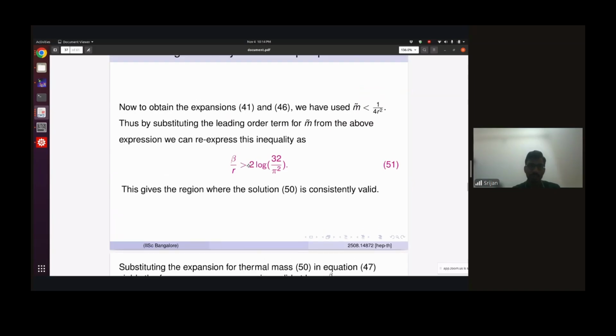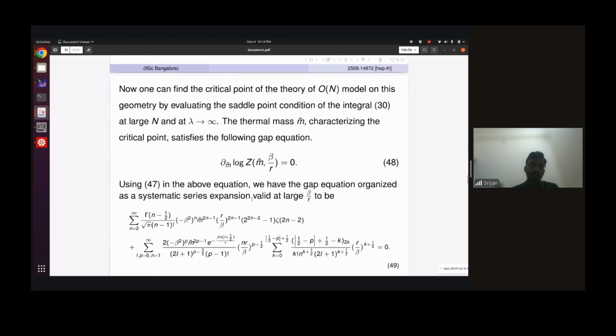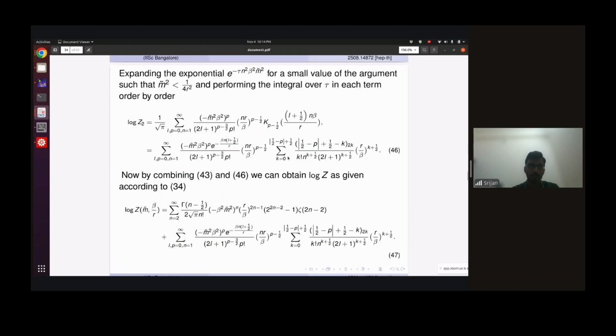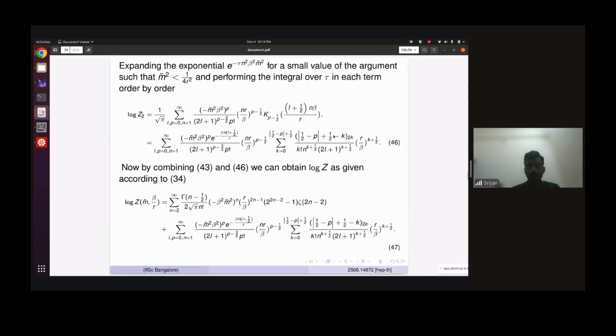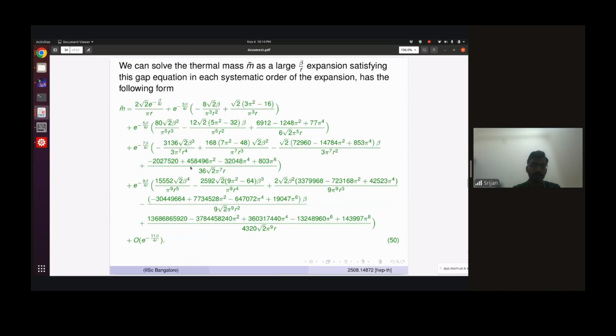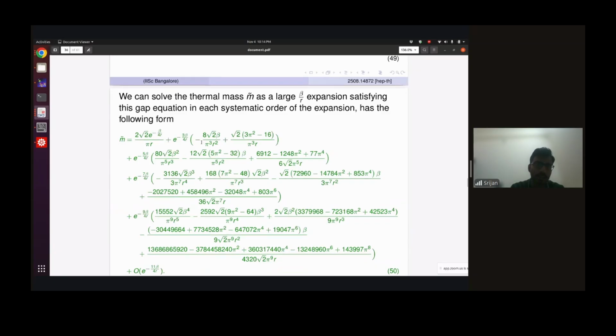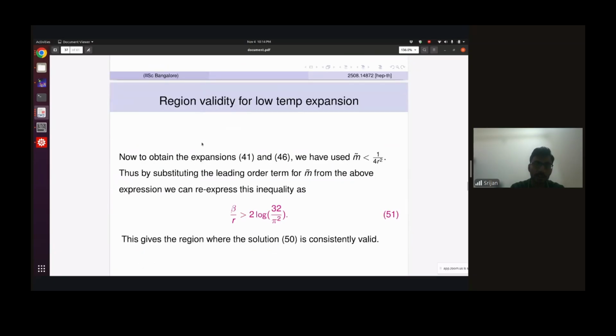But if you are going away from this region, to less than that, then this derivation is not a complete object. You should trust this expansion, as a solution of this gap equation, when beta by R is greater than this value. That's what I mean.